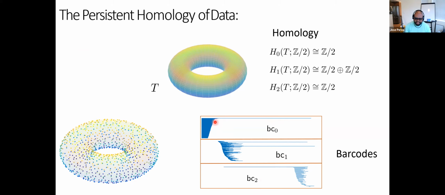And again, hopefully the number of long bars coincides with the dimension of the homology vector spaces. So this is it. That is how people in topological data analysis measure the shape of data. We compute barcodes as a surrogate for the homology, and we use the barcodes to tell us what is the shape that we're looking at.